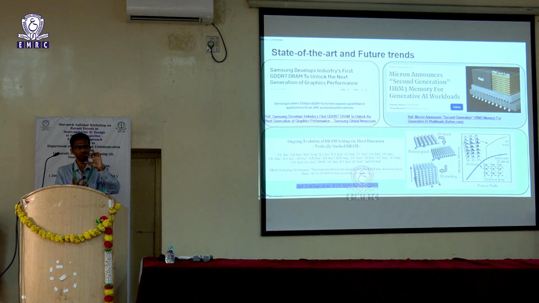So we have a DRAM chip, and you have another DRAM chip, and these two talk through silicon vias. The 3D that this paper talks about is trying to create 3D layers of DRAM cells within the same silicon chip. So within the same silicon footprint, instead of supporting say 8 GB of memory, if you now support say 4 layers, you can get 32 GB of memory within the same silicon footprint.